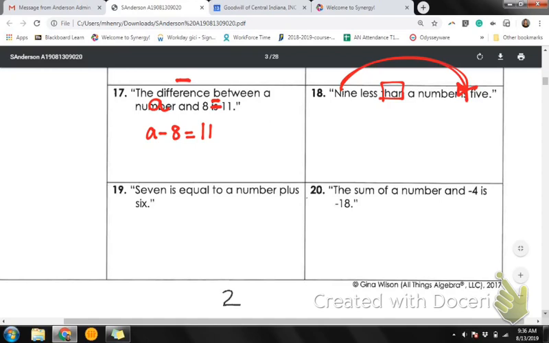When you see that word than, it means the number is going after the variable. So in this case, it should be A minus 9 equals 5. Because we can't take 9 from something unless I have something to start with, which means you have to start with your variable. Okay?